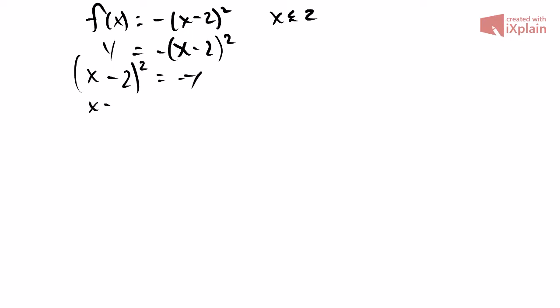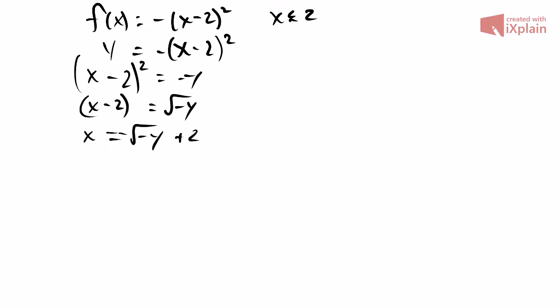Square root of both sides: x minus 2 equals the square root of negative y. Add 2 to both sides: x equals the square root of negative y, plus 2. This has to be negative. You know this has to be negative because if you look at our domain, it is restricted to 2 and less.